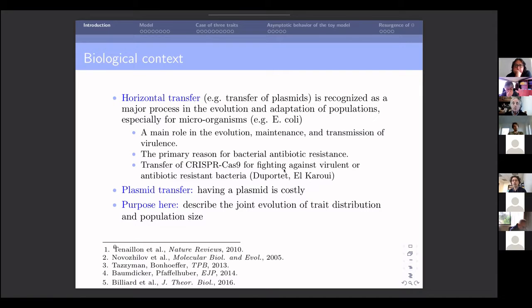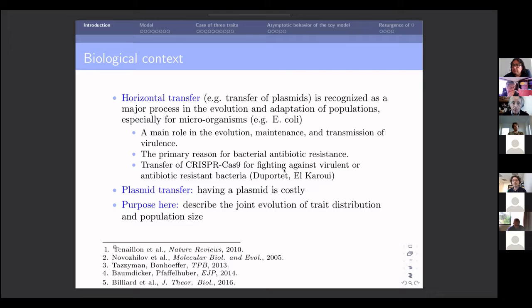Another very well-known one is antibiotic resistance. When bacteria are able to resist antibiotics, they can share the genes responsible for this resistance with other bacteria using horizontal transfer. There's another example of potential application of horizontal transfer, which is used by biologists such as Myriam El-Karoui.